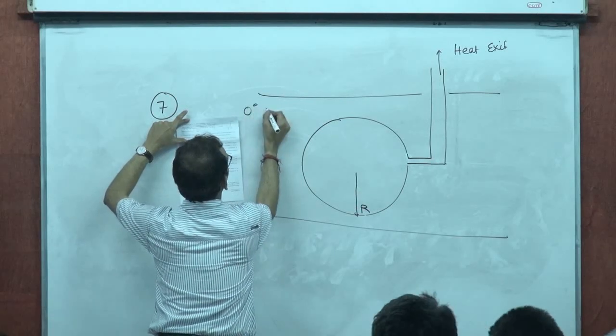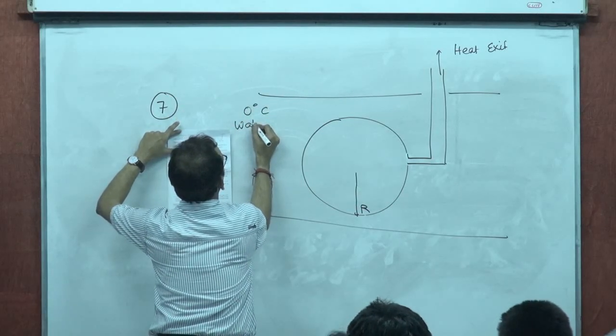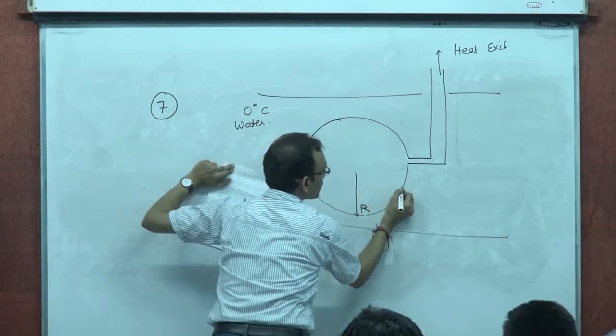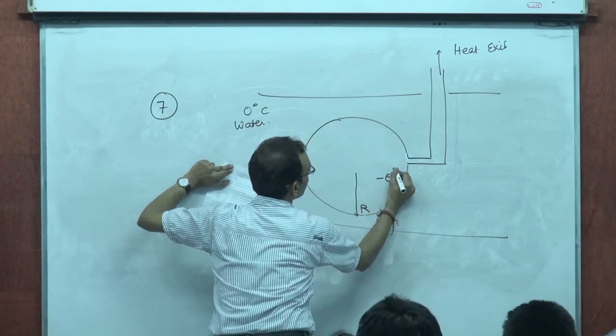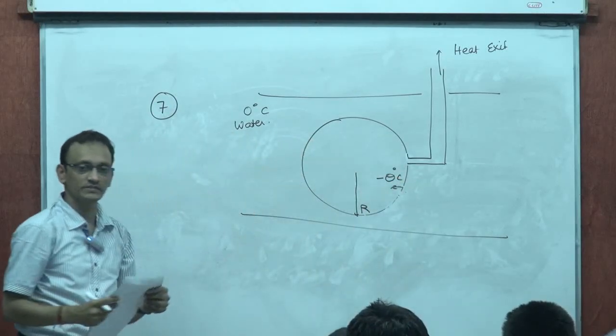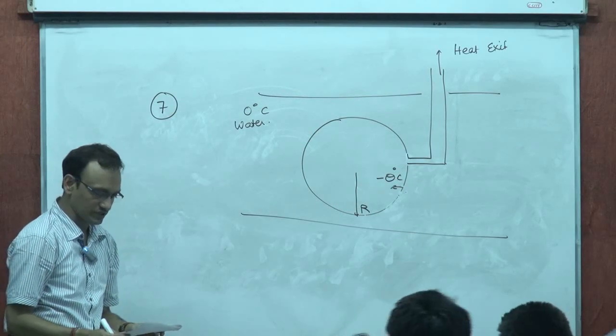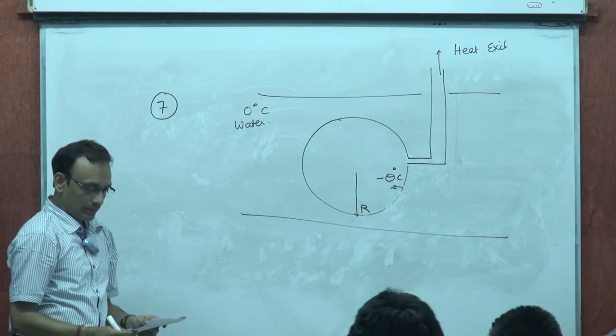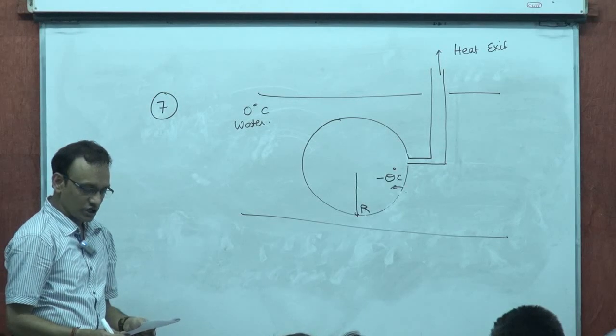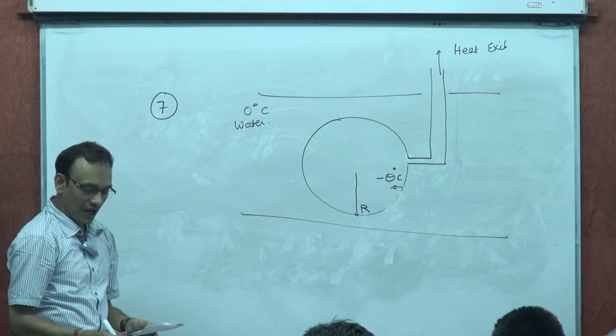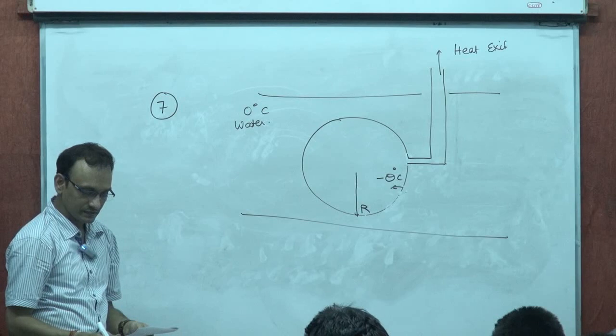Surrounded by water at 0 degrees centigrade, and the surface of this is maintained at minus theta degrees centigrade all the time. Find the time in which a layer of ice of thickness R appears on its surface.